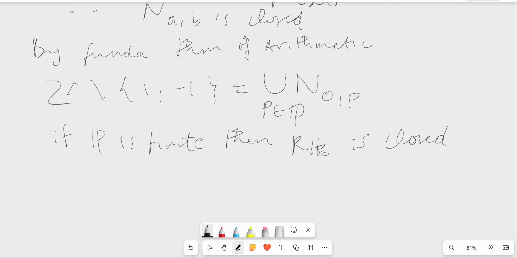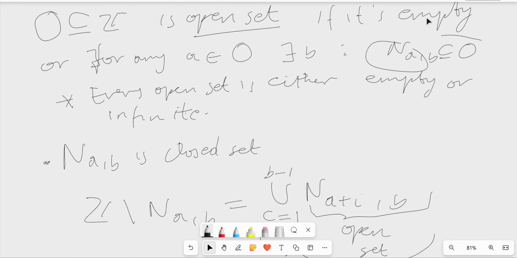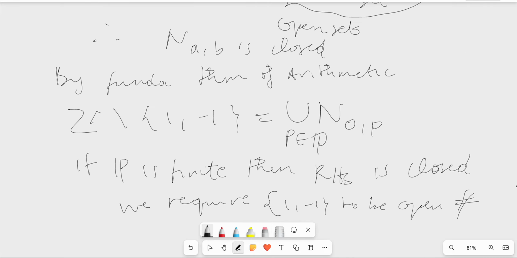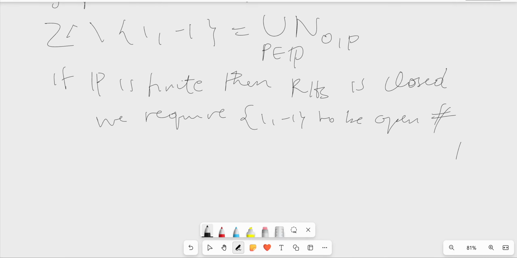So if it's closed, then we require 1 and negative 1 to be open, which is a contradiction to the fact that every open set is either empty or infinite. So this is how they prove that there are infinitely many primes using the topological point of view.